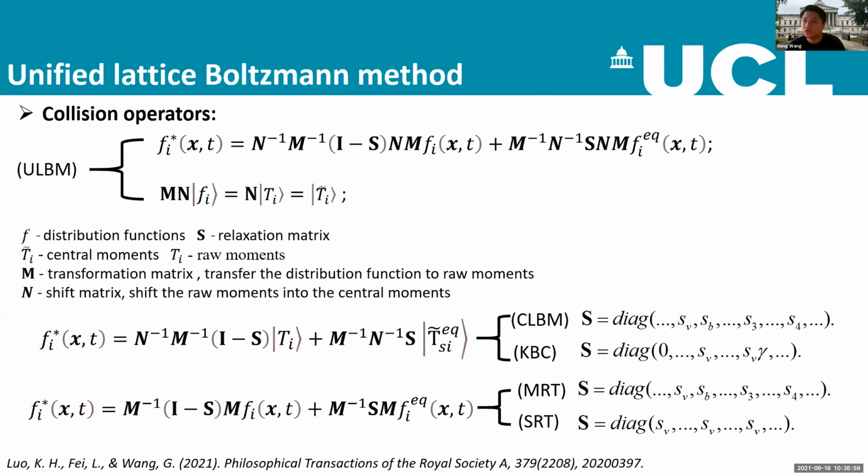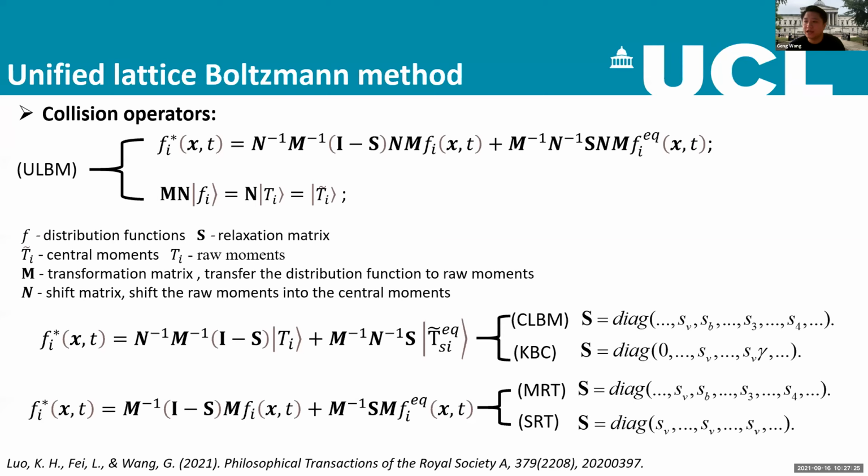By using these two matrices, the model can be switched between the MRT and the cascaded lattice Boltzmann. For example, if we directly use the central moment set, this model equals the cascaded lattice Boltzmann. If we set the shift matrix N as a unit matrix, this model reduces to MRT.